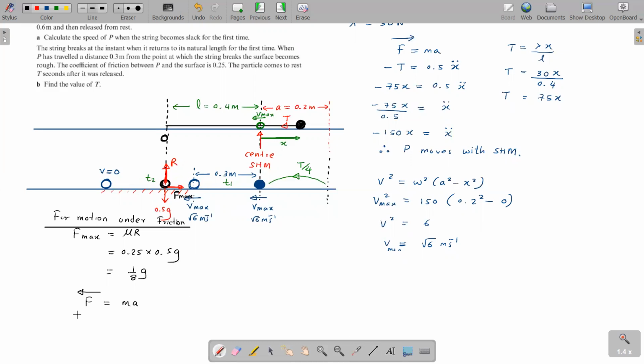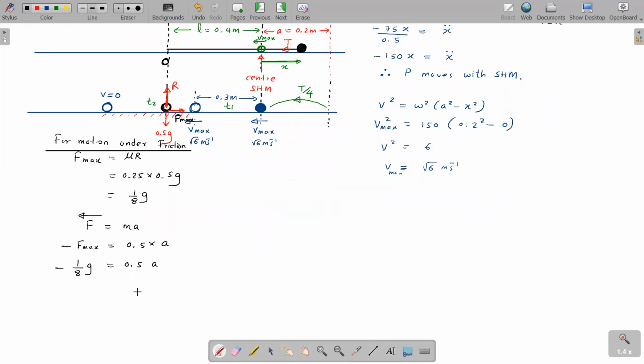The only force you have is the friction, which is backward. So minus friction, mass is 0.5 kilogram into acceleration, which is what we are finding. So friction is 1 over 8 g, equals 0.5 into a. What do we get for acceleration? Minus 1 over 4 g, right? Then the half goes to the other side. Okay, so we have the acceleration.